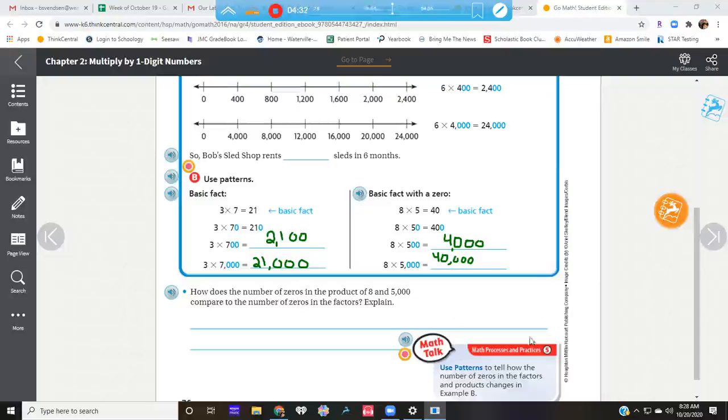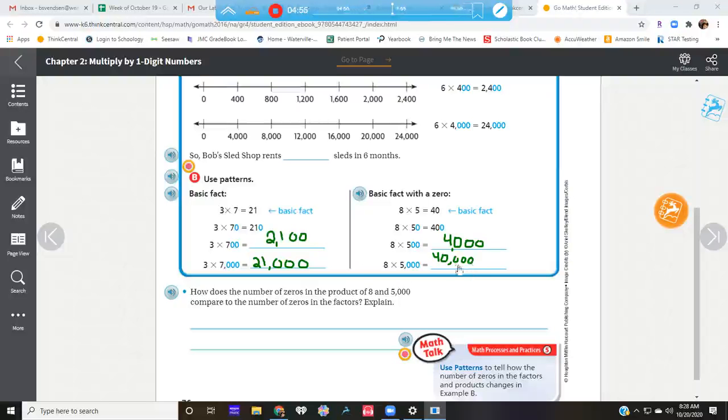Now, this last one down here says, how does the number of zeros in the product of 8 and 5,000 compare to the number of zeros in the factor? Okay, so we're going to look right here. 8 times 5,000. Our answer is 40 if we're looking at our basic fact, right? 8 times 5 is 40.